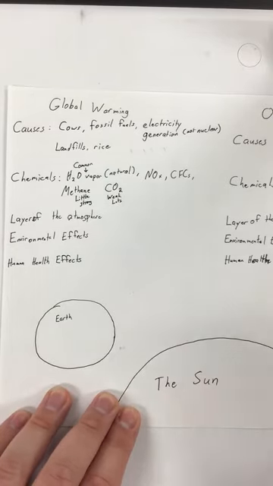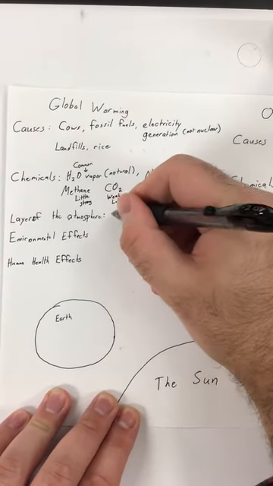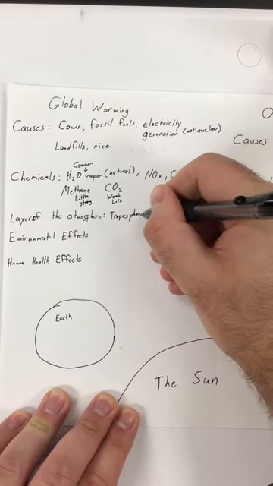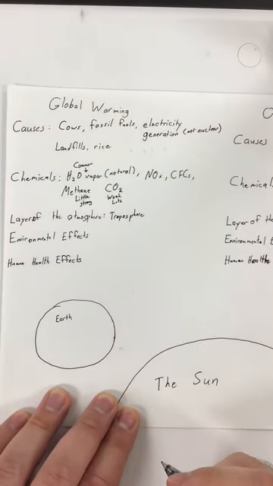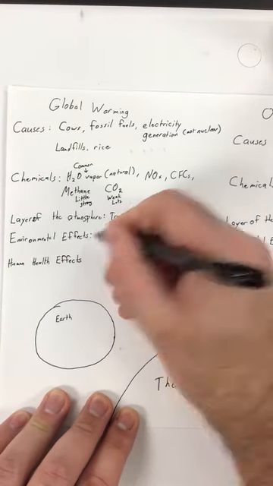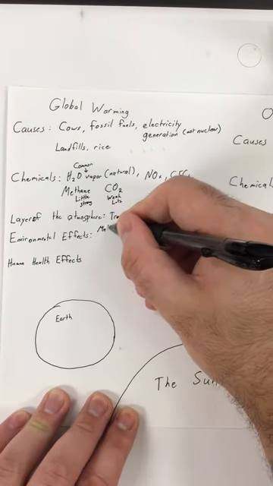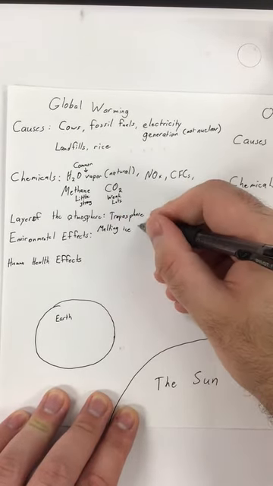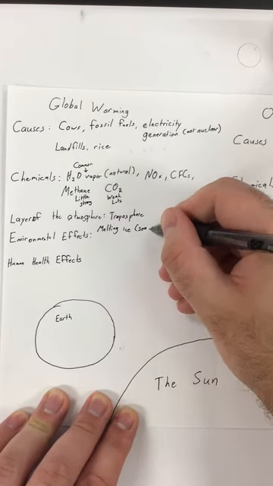The layer of the atmosphere that's being affected is the troposphere. That's the layer closest to the surface of the Earth. That's where we live. That's where our weather is found. So our environmental effects, we have melting ice, both in the sea and the land.